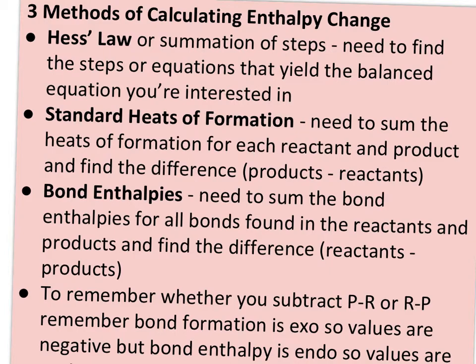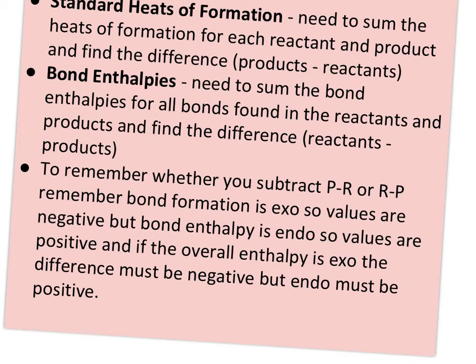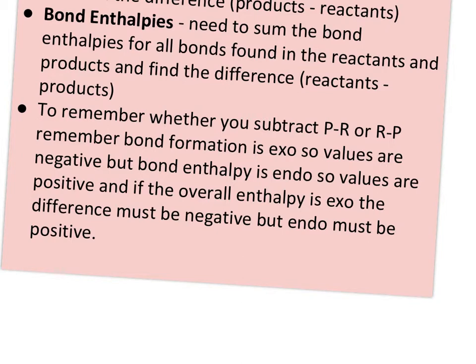So how do you remember if you take product minus reactant or reactant minus product? What I remember is that bond formation is exothermic, so values when you're forming bonds are going to be negative. And bond breaking is endothermic, so values are going to be positive. So if I'm using heats of formation values, they are always given as negative values because it's an exothermic process.